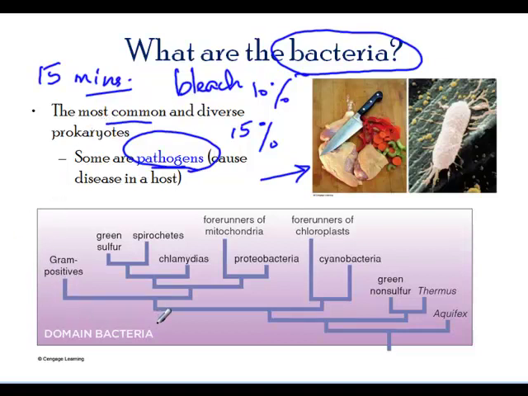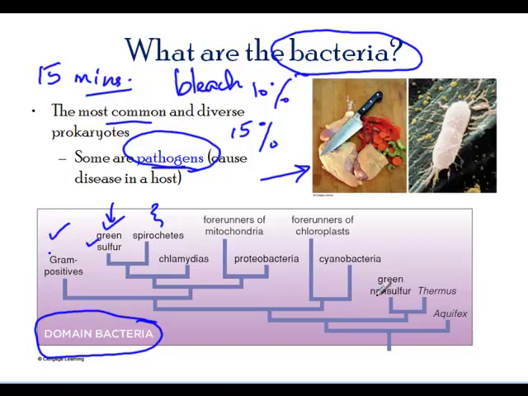Now, the bacteria are so humongous that they have their own domain. And within this domain, there are all kinds of different bacteria. Gram-positive, green sulfur, spirochetes, which are wavy looking. Green sulfur, as the name tells you, are bacteria that have green chlorophyll in them, and they also have sulfur.